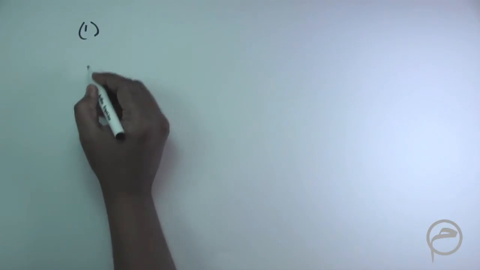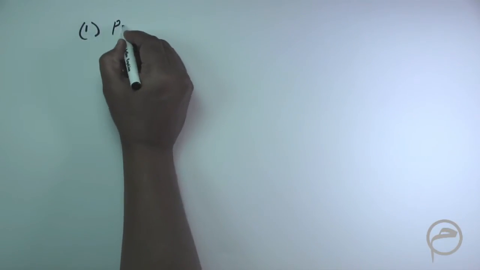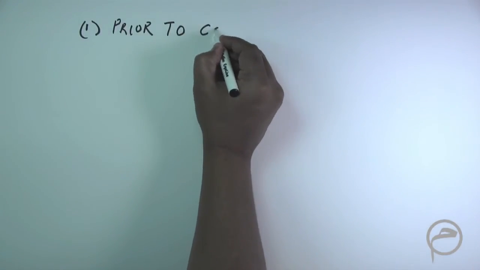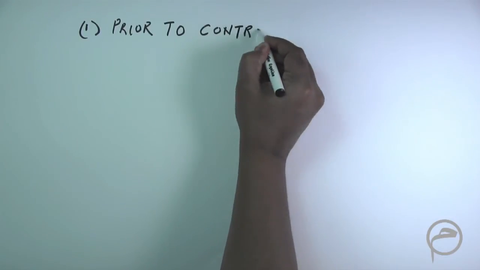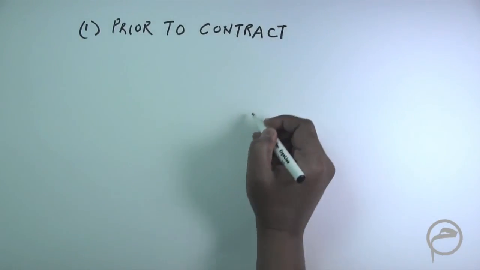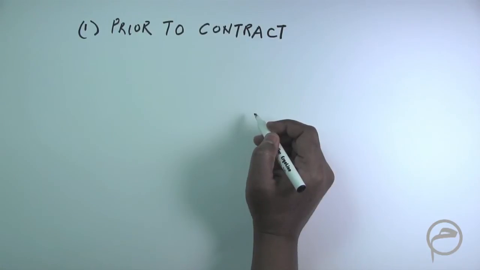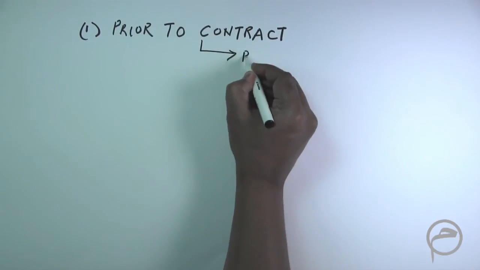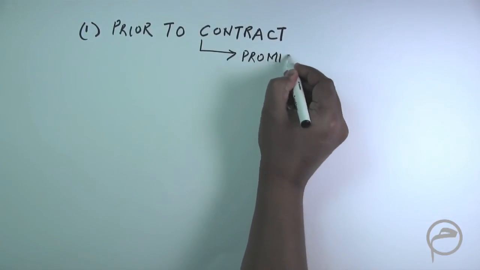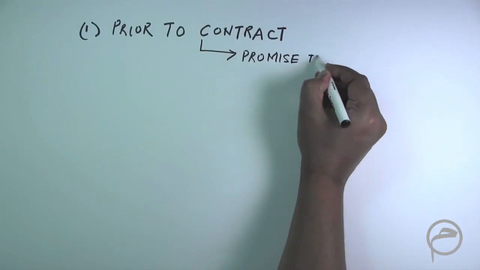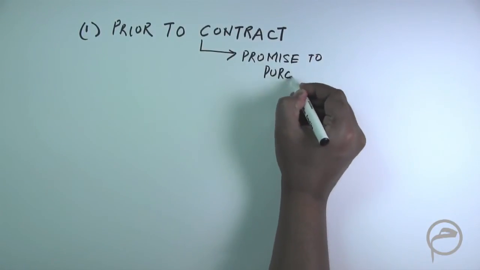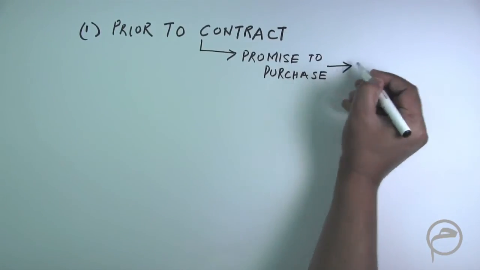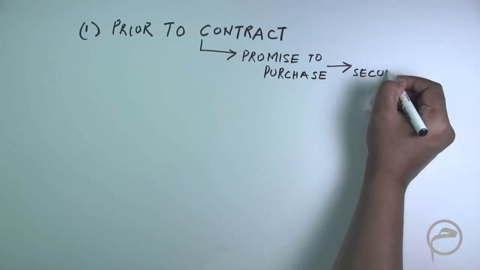Let us start with the principle prior to contract. And here the important thing which we have to understand is with reference to promise to purchase and the security deposit.